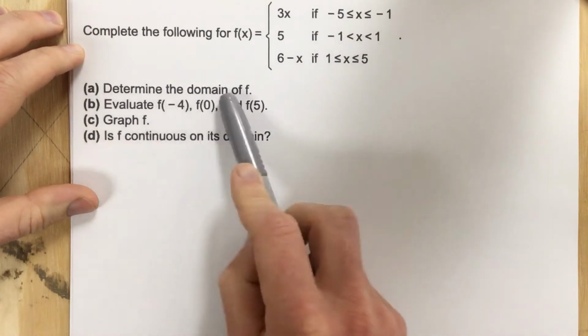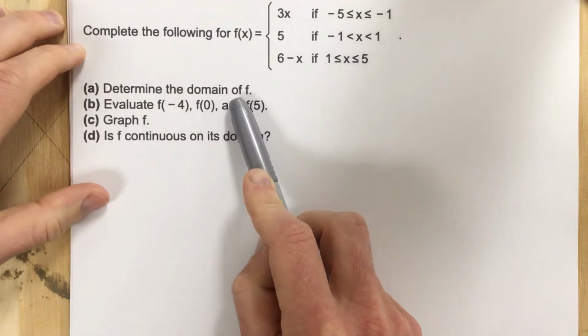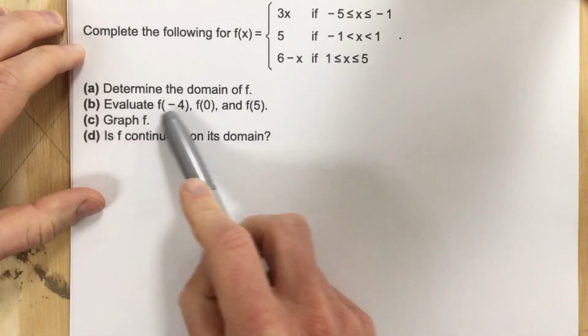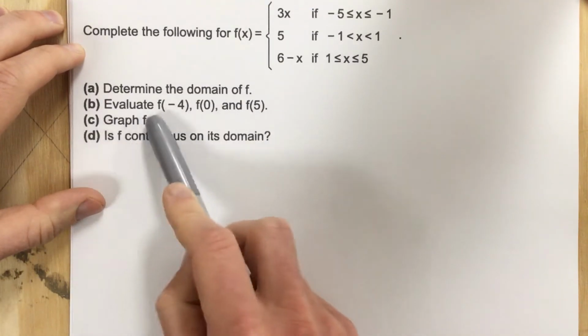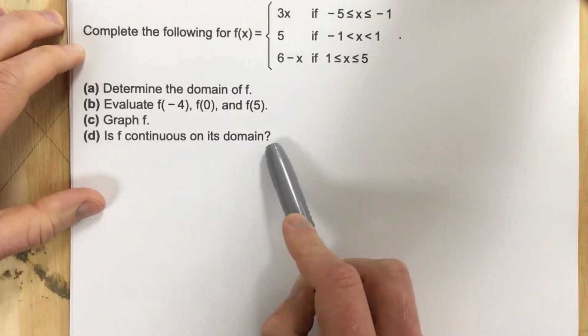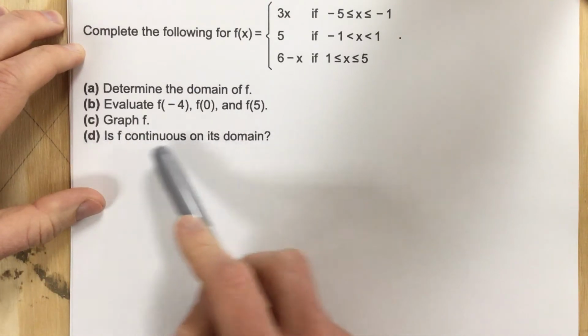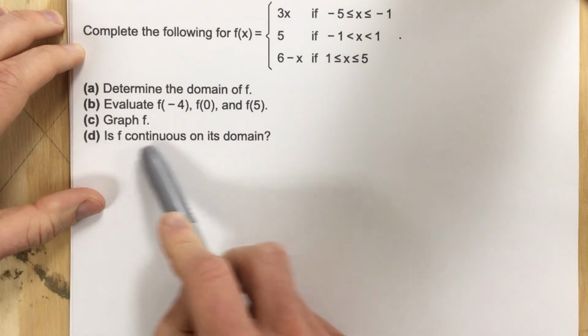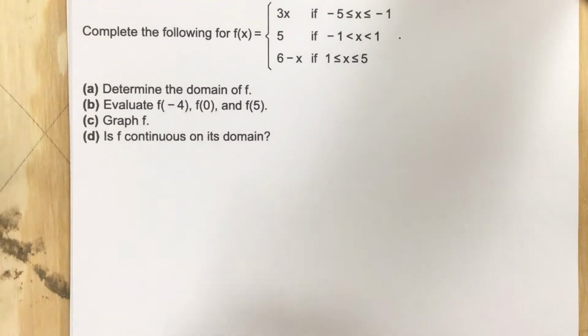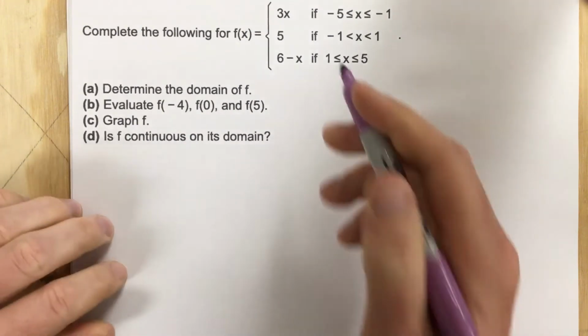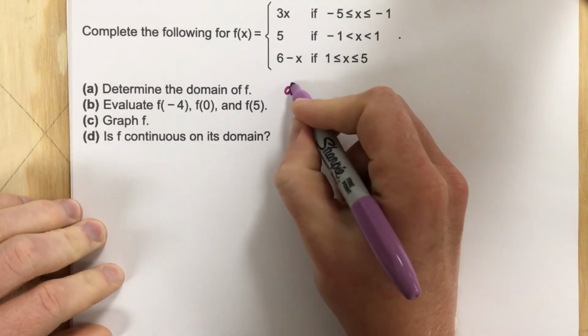Now, it asks me in part A to determine the domain of f, part B, evaluate some numbers, part C, graph it, and then finally part D, let's see if f is continuous on its domain. So let's start with part A. They want the whole domain of f. So what is the whole domain of f?